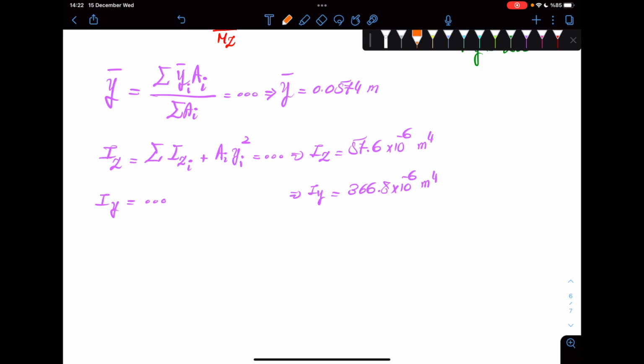So sigma A, using the formula that we had up there, becomes minus 1.3 megapascal, and sigma B will be 0.6 megapascal maybe.